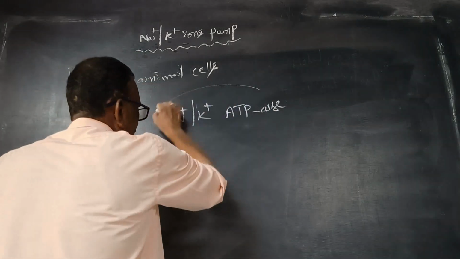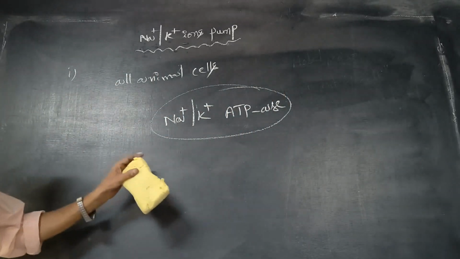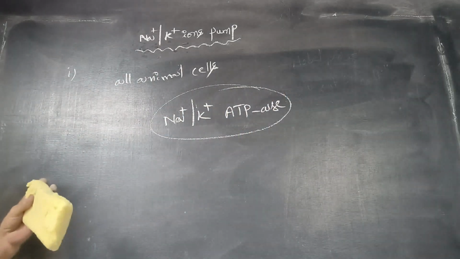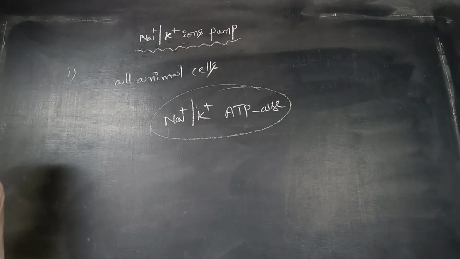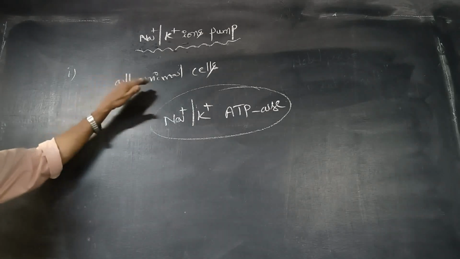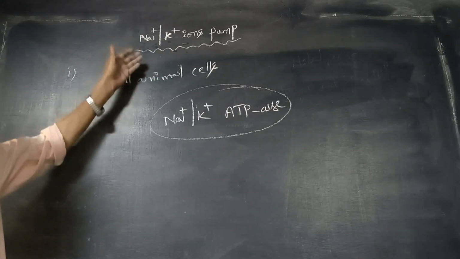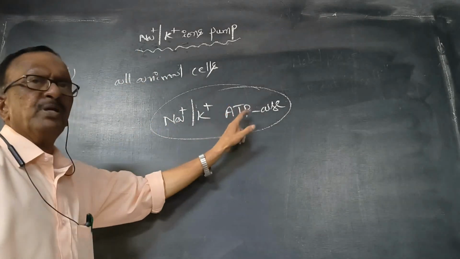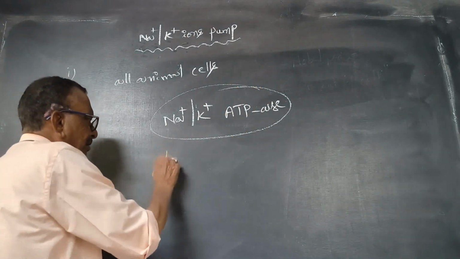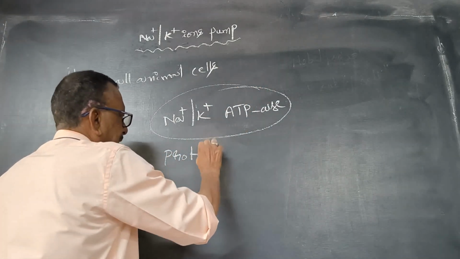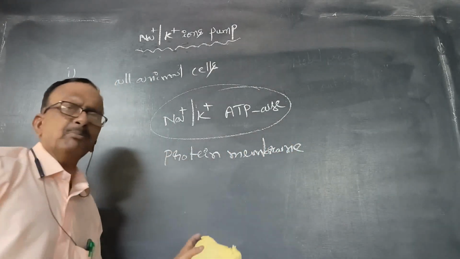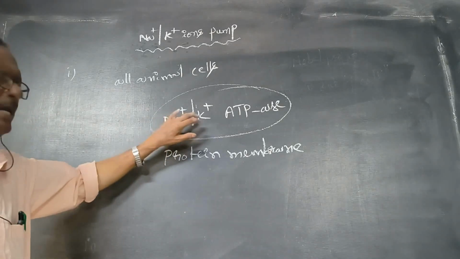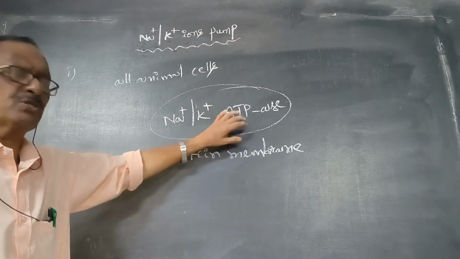This is a protein. Protein means a group of amino acids. So a cluster of amino acids constitutes a protein. Our body itself is made up of proteins. So in all animal cell membranes we have the sodium potassium ATPase protein. We can call this one a protein membrane, or it can be called sodium potassium ATPase.